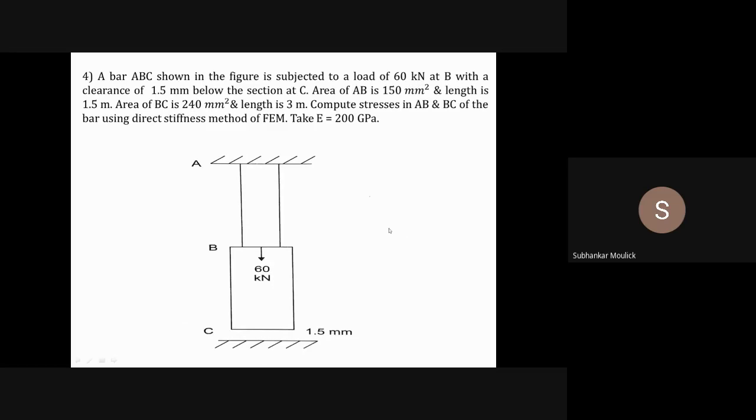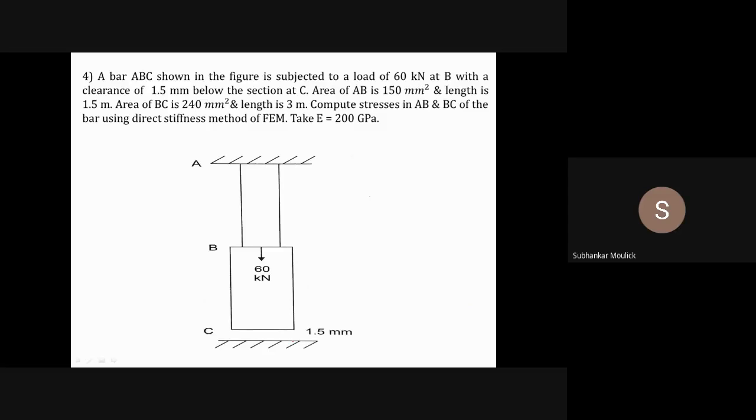How? If you draw the free body diagram of bar BC at point C, the force is acting along this direction, and similarly the fixed support gives back the force to node 5 in this direction. Ultimately, the effect is 0. So this F5 is 0. Is it clear?